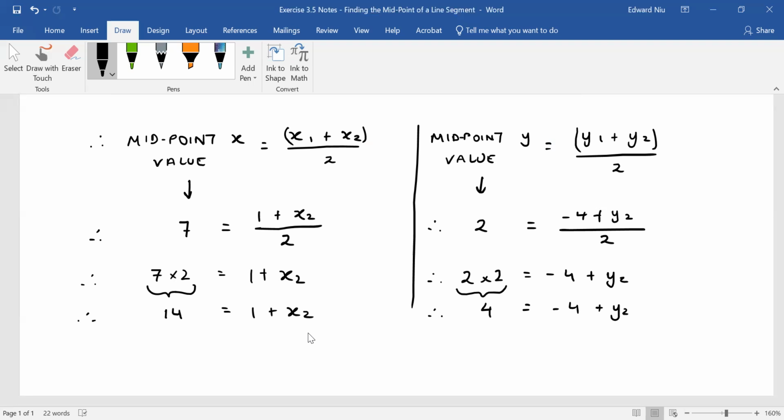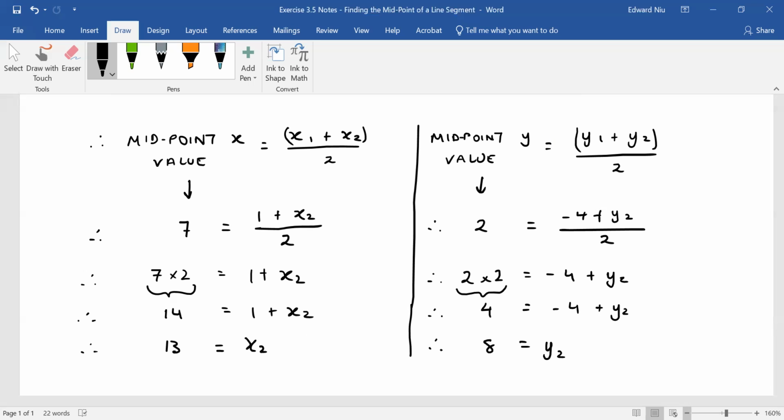Now, to get our answer, we just have to get rid of the plus or minus term on the right side of x2 and y2. So if we take away 1 from both sides, our answer here is going to be 13 for x2. And then for our answer here, we have to add 4 on both sides, which gets us 8 for y2.